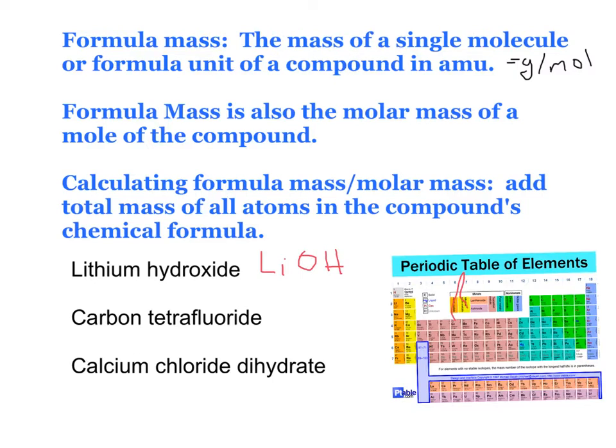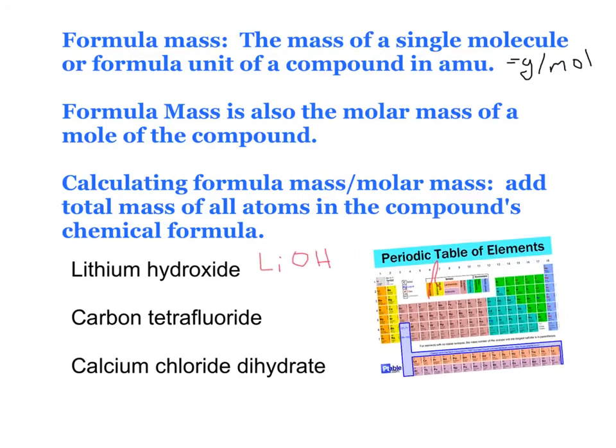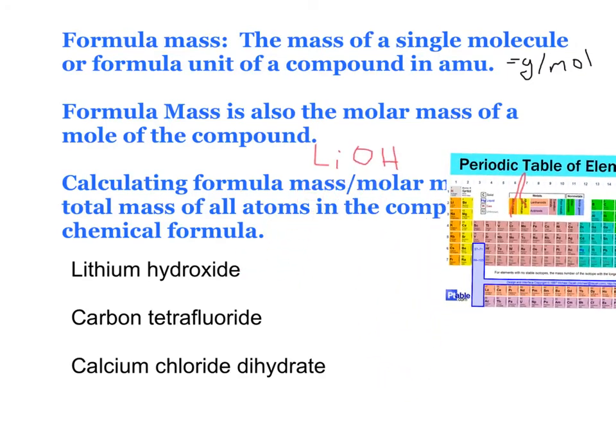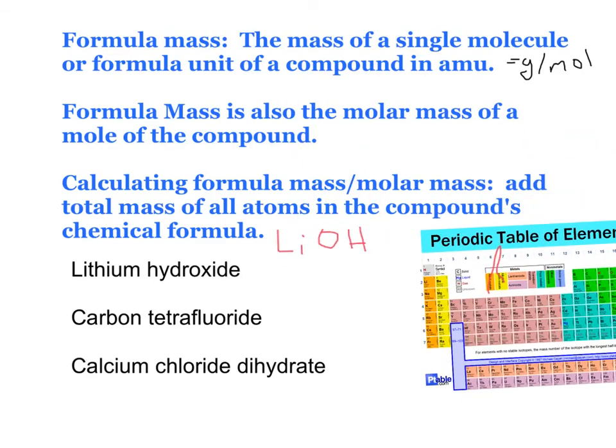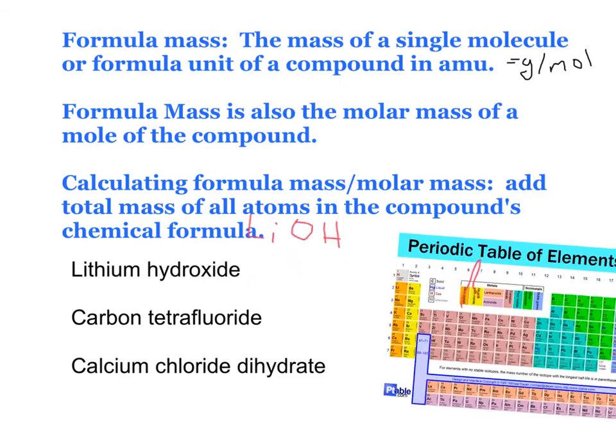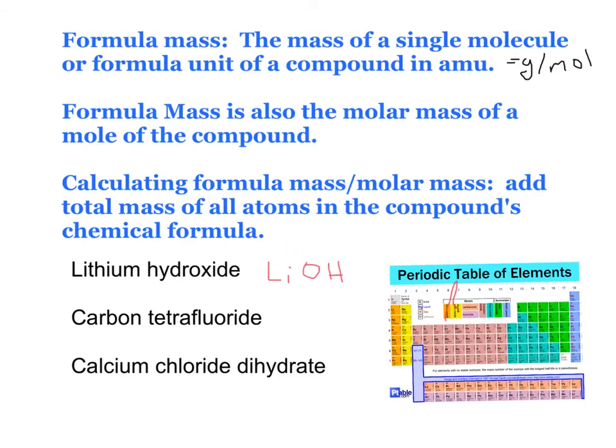Li, you'll find out to be 6.941. O will be 15.999, often rounded up to 16. And then hydrogen is 1.0079.